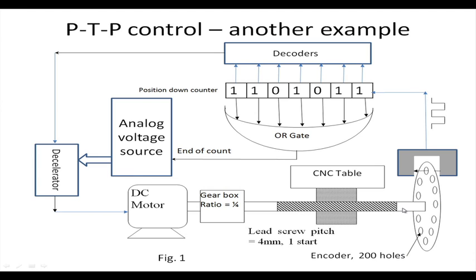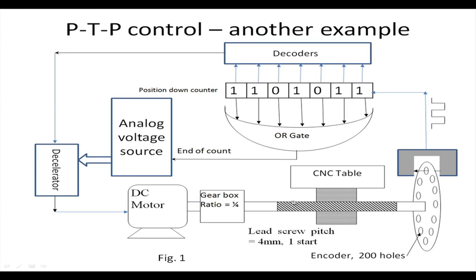This is the lead screw. This lead screw nut combination produces linear motion of the table, and since the DC motor cannot be controlled as a stepper motor to start and stop precisely at definite points. Start may be yes, but not stop at a definite point because it has sufficient inertia.